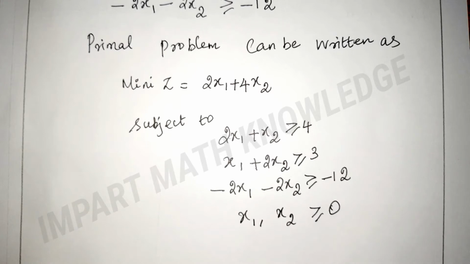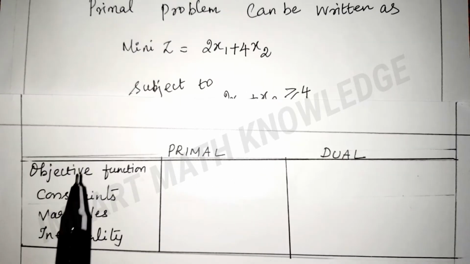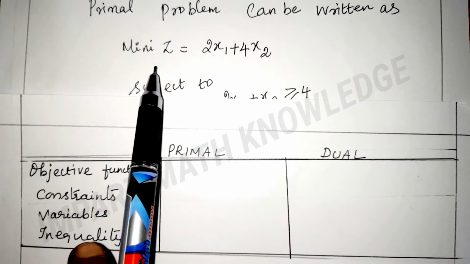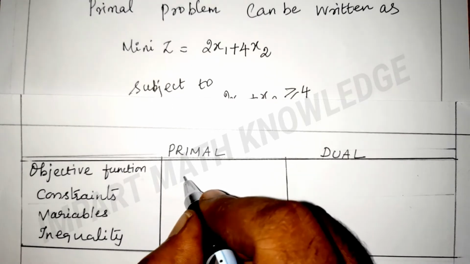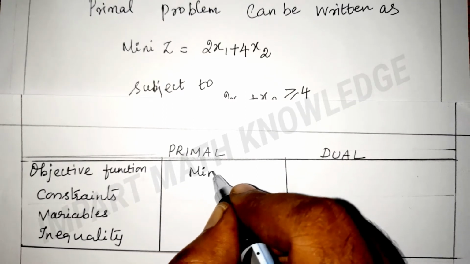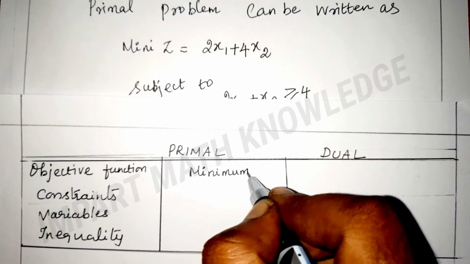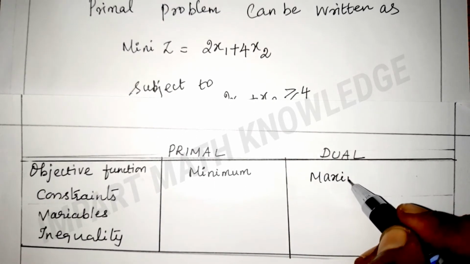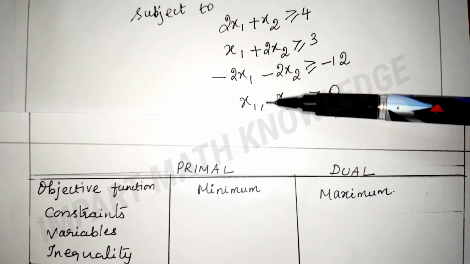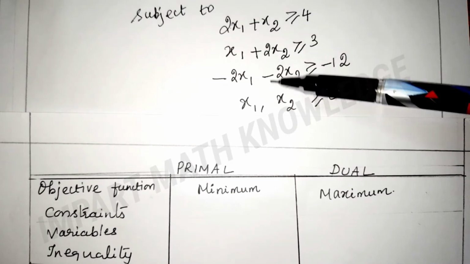Now we have to write the dual problem for this primal problem. In the given problem, your objective function is minimum. That is, in the primal problem, the objective function is minimum. In the dual problem, the objective function is maximum. The number of constraints in the primal problem is 3.